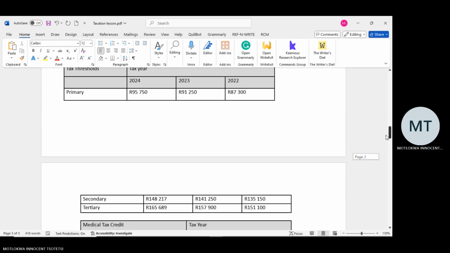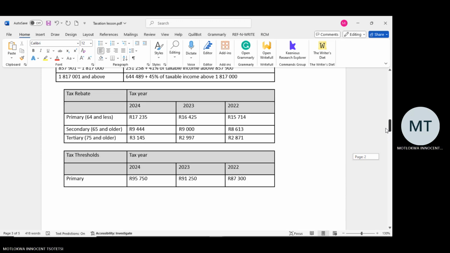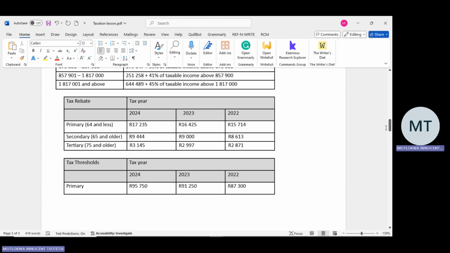The rebate says under primary, 64 years and less. If you are 64 years going down, you are going to pay 17,235. But if you are 65 years and older, you fall for primary rebate and also secondary rebate, because you have surpassed the primary rebate.